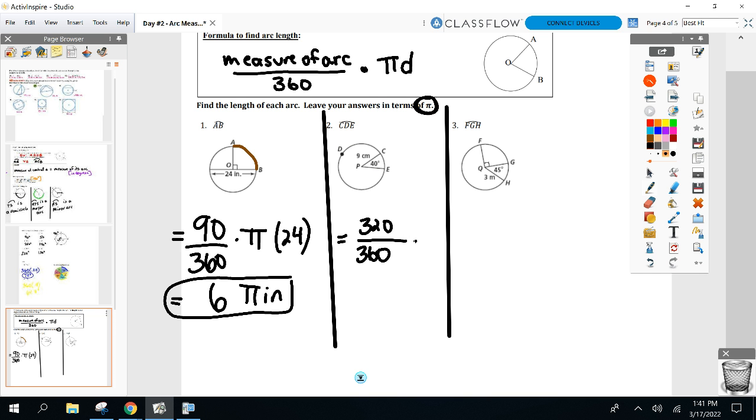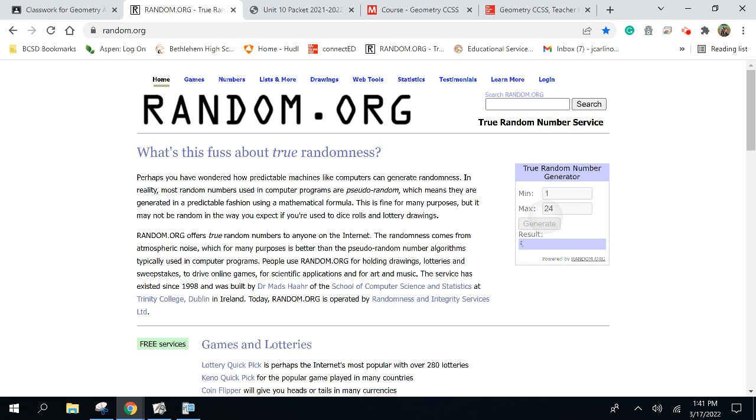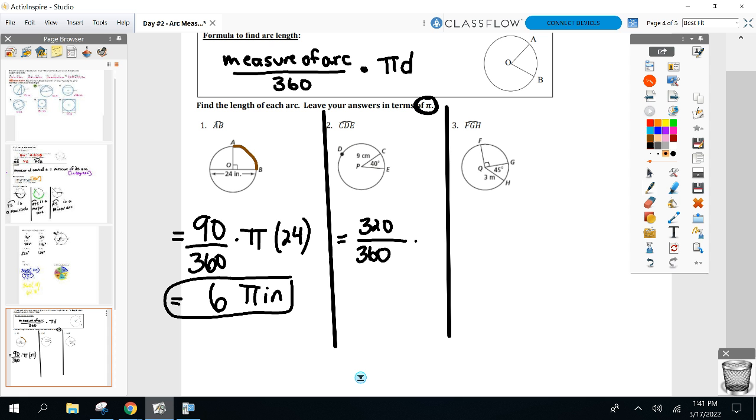Times circumference. What's the diameter in this one? 18, and then pi d. Leave the pi in your answer. So 320 over 360 times 18.